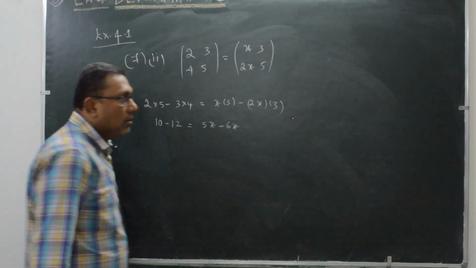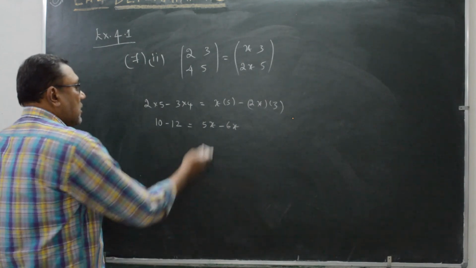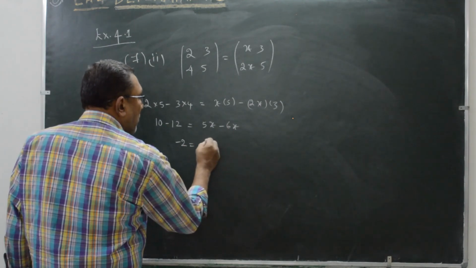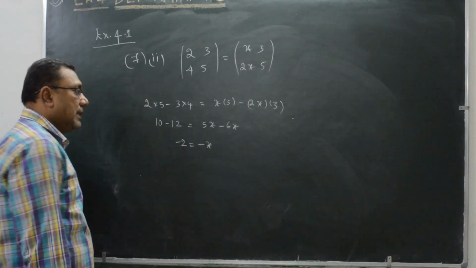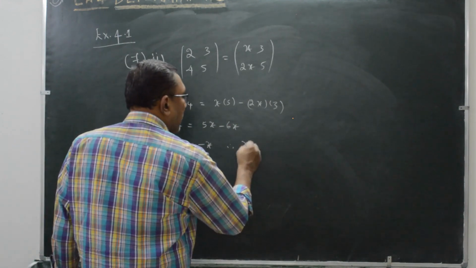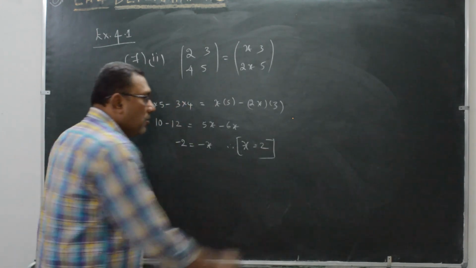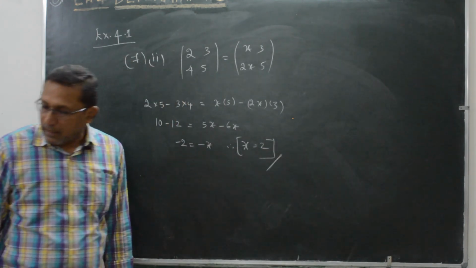We are left with minus 2, which is equal to minus x. Therefore, x is equal to 2. This is the value of x for this particular problem.